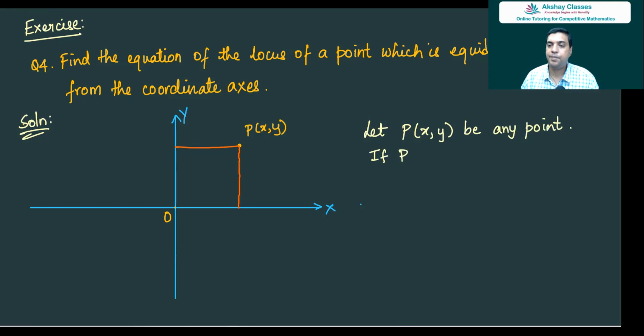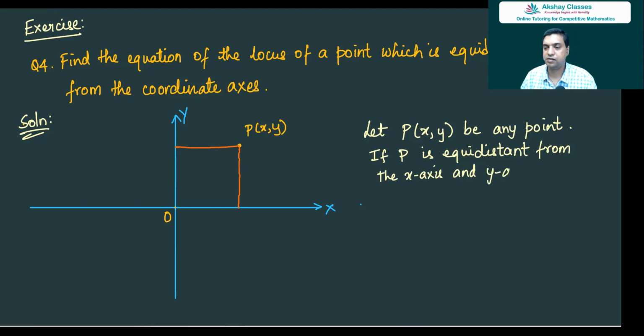If P is equidistant from the x-axis and y-axis, then let us say the foot of the perpendicular from P onto the x-axis is M, and the foot of the perpendicular from P to the y-axis is N. Then we get PM is equal to PN.